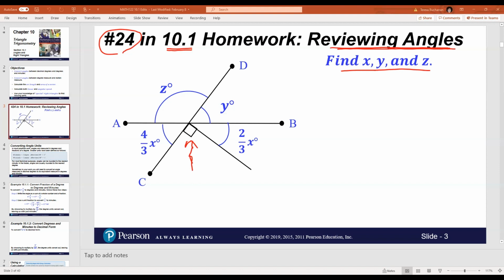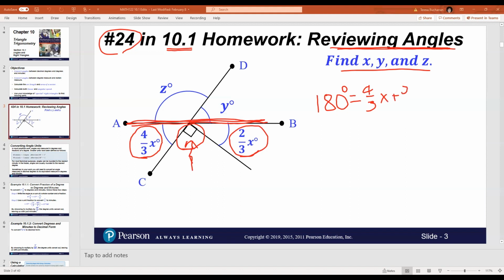So we know that 2/3 of some X value that we don't know, and 4/3 of that X value, plus that 90, all sitting on a 180-degree straight line, the total of those three would be equal to 180.